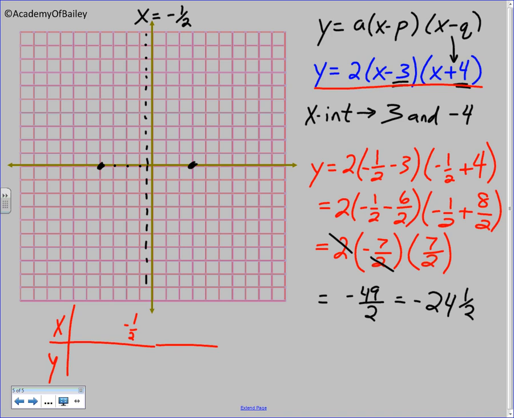So this will help you determine spacing there. I don't think negative 24 and a half is going to fit on our graph. A wee bit of a problem. So here's what we're going to do. We're going to make each one of these be 4. So we have to alter the graph to be 4. So the x-intercepts cannot be there any longer, and we're going to have to change this. So if each space is a 4, then the same way for the x's.